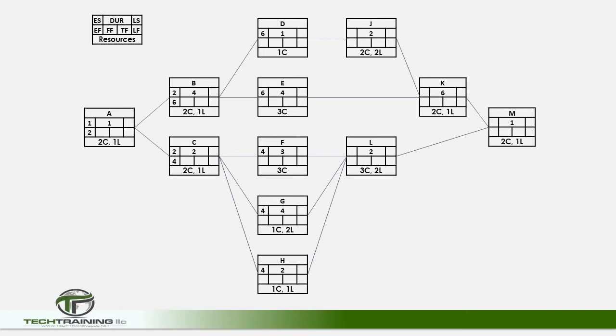Again, the early finish time of its preceding activity, which is Activity C. And the early finish times of these activities are simply calculated by early start plus the duration equals the early finish.